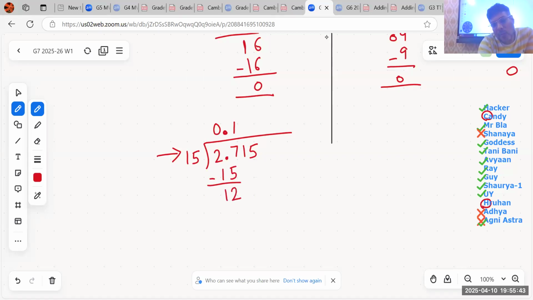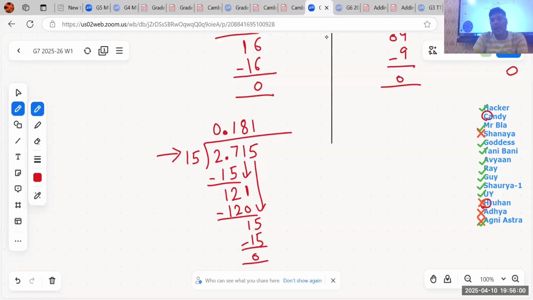I will get 1, 2. 1 will fall down. 15 eights are 120. 1 will be the remainder, and 5 will fall down. 15 ones are 15. So Candyman, guys, understood? Yes, sir.